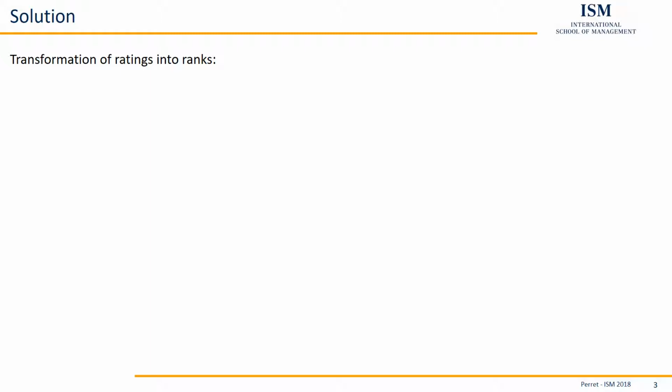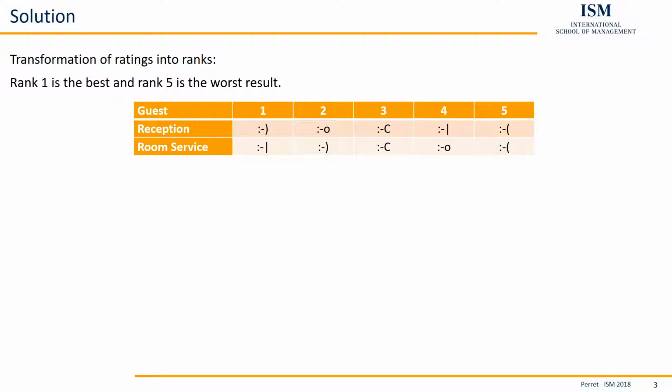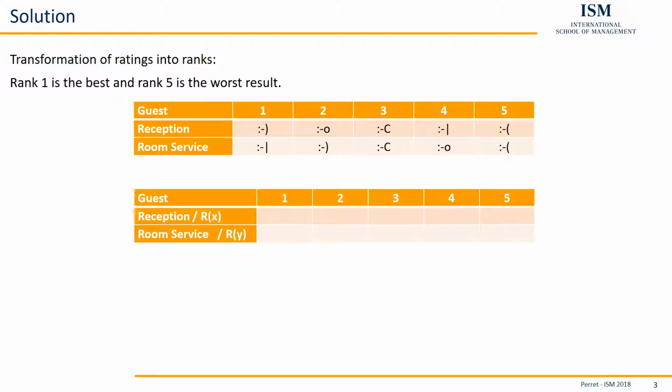So first off, we take our original table and, using this assignment, rank 1 is the best and rank 5 is the worst result. Starting from this table, for the reception, which would be here rank of X, and the room service, rank of Y. Starting with the reception, the first guest gives us the second best, so this is rank 2.